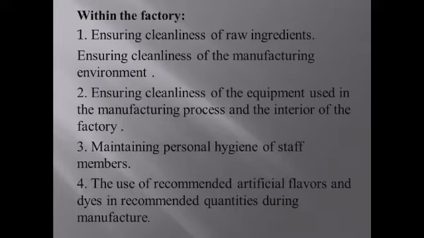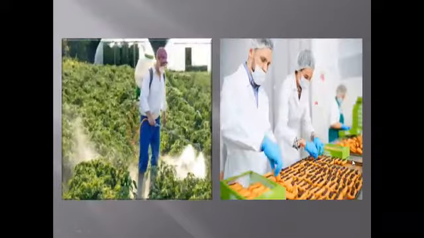Fourth one, maintaining personal hygiene of staff members. Right. Here you can see the picture, how they are maintaining proper safety. See here, the farmers are also wearing shoes, a mask, and spectacles to protect themselves and ensure their environment is clean.